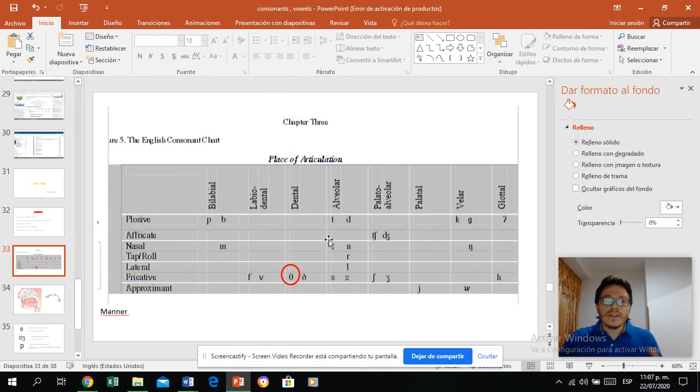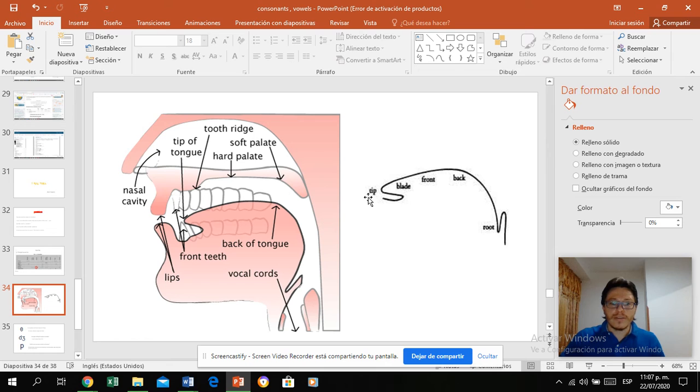Okay, so what happened with this sound is dental because the tongue tip, so this part, makes contact with the upper teeth. So with this part, contact between the tongue tip and the upper teeth forms a constriction or an obstruction of airflow.